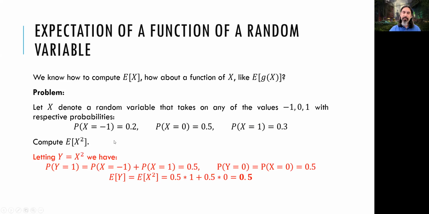So my expectation of Y, now this here is going to be calculated from X squared anyway. I have two outcomes, 1 and 0, and both have 0.5 probabilities. I will just multiply those outcomes with those probabilities and then sum them. So I have 0.5 times 1 plus 0.5 times 0, which is equal to 0.5.